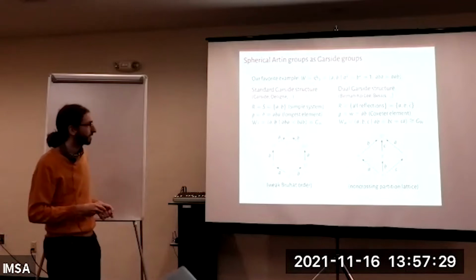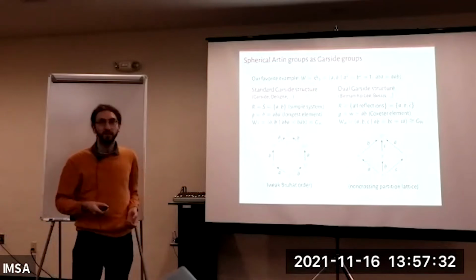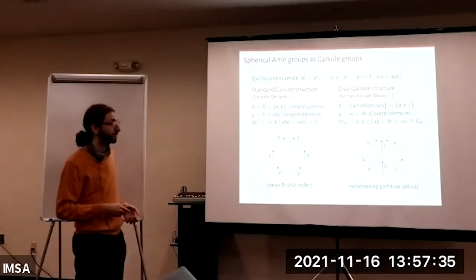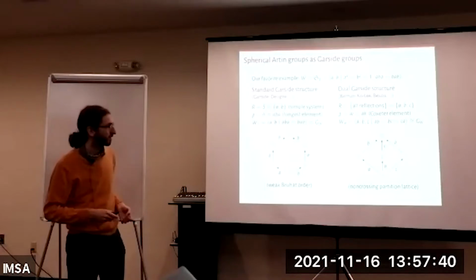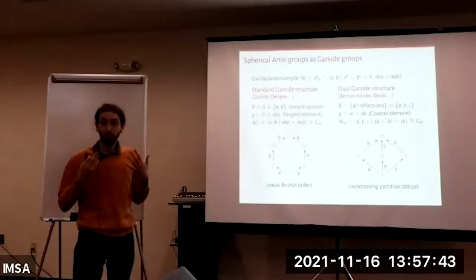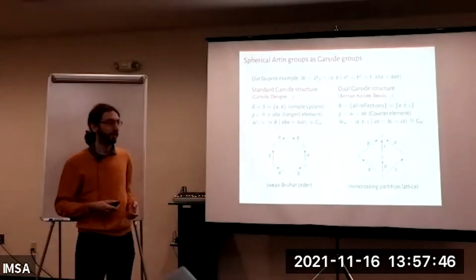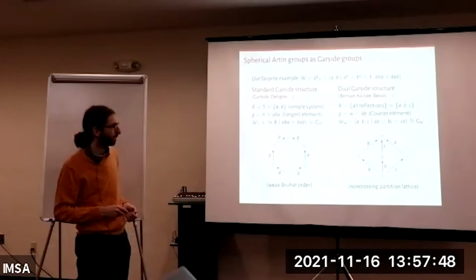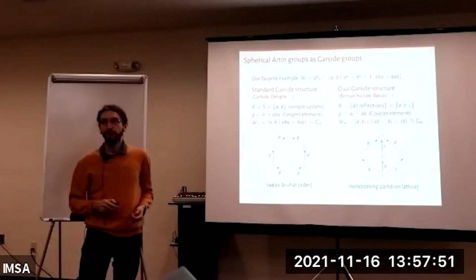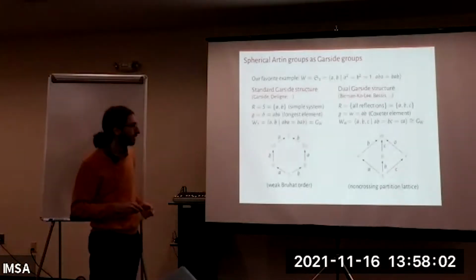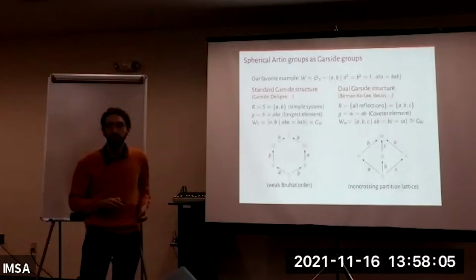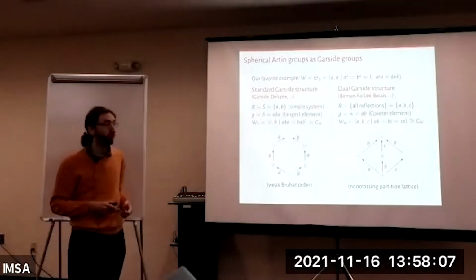However, there is this more recent dual presentation of spherical Artin groups, which gives rise to a very different, combinatorially different way to look at spherical Artin groups, where basically we have one generator for each reflection now of the Coxeter group, and we can read the relations by fixing a Coxeter element over here and looking at this interval, which is known as a non-crossing partition lattice.